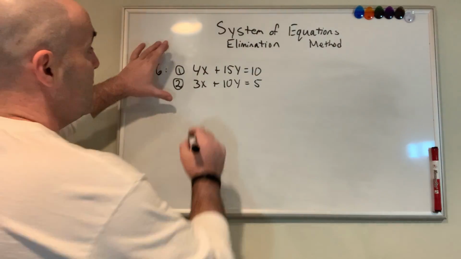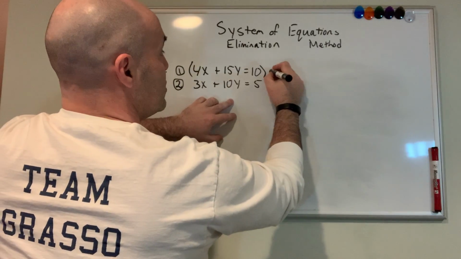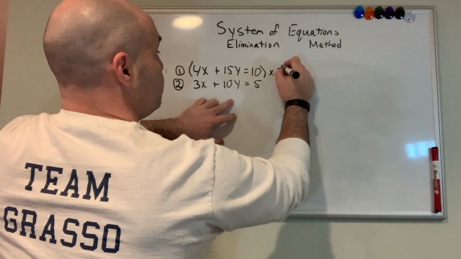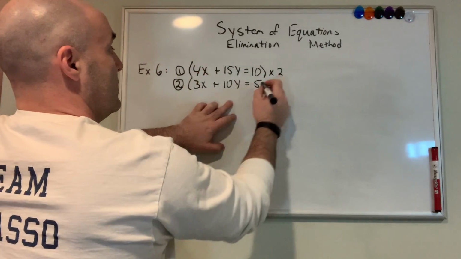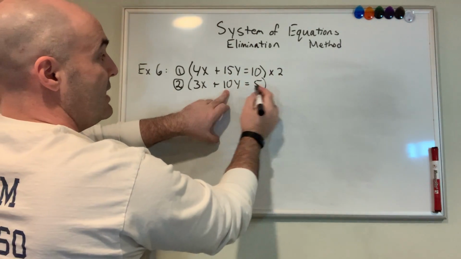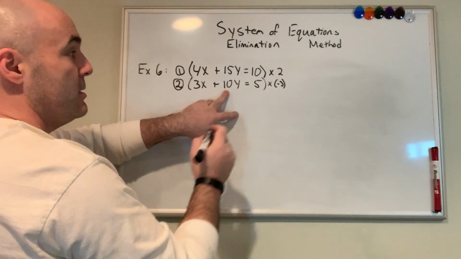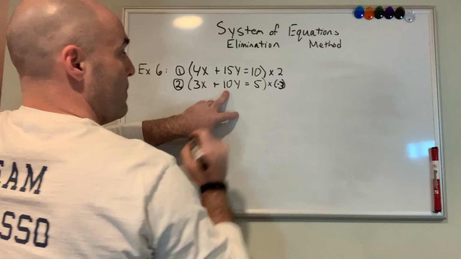So I'm going to cancel the y's first, so I'm going to multiply my top equation by positive 2, okay? Now, I've got to get this to cancel because that's going to give me a 30y here. I need a negative 30y here, so I'm going to multiply the bottom equation by negative 3, okay?